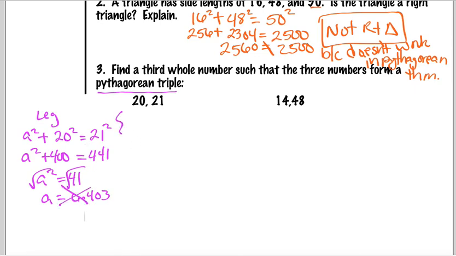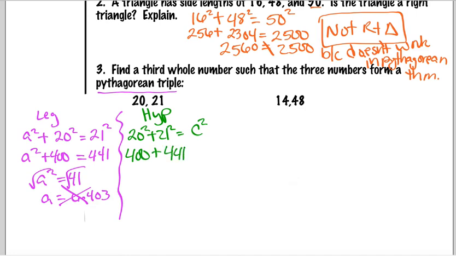So then we would have to test finding a hypotenuse, and hopefully the hypotenuse will be a whole number. Testing for a hypotenuse would be setting up 20 squared plus 21 squared, and in this case we're finding c squared. It's pretty much like guess and check, but there's only two choices.